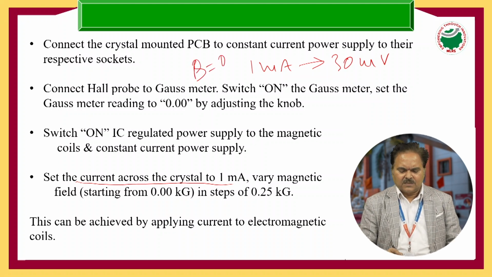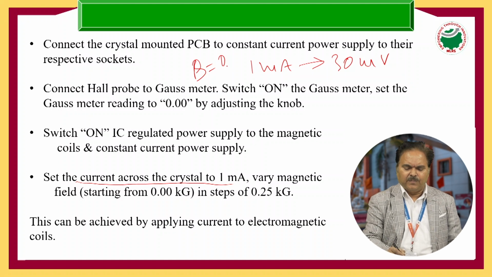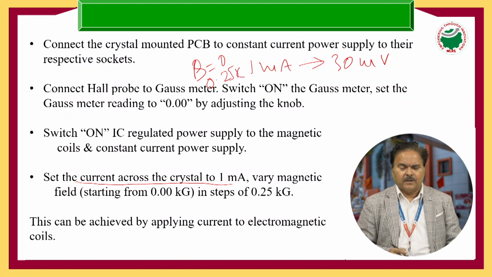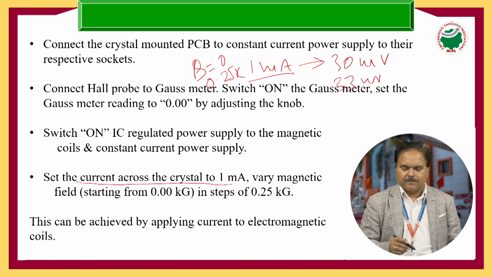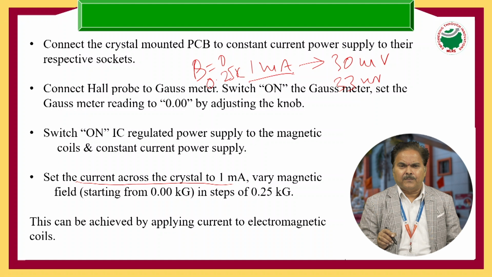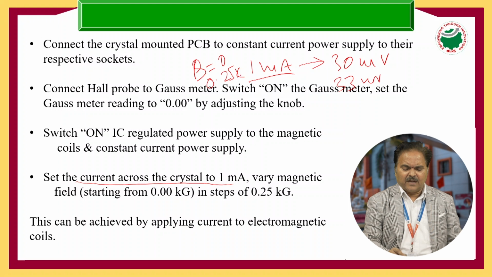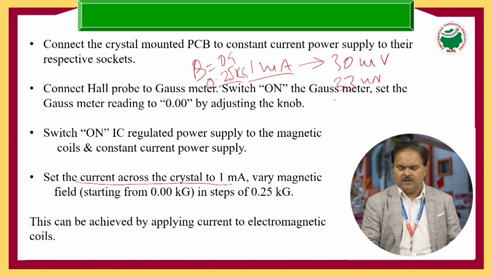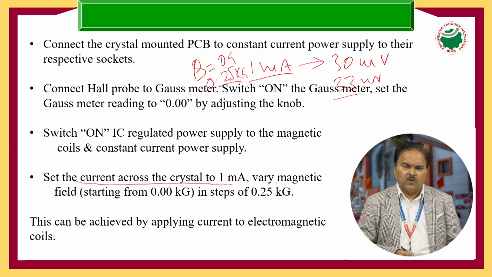Now if we change the magnetic field from B equal to 0 to 0.25 kilogauss, what will happen here? The voltage will increase, maybe from 30 to 33 millivolts, but the current through the sample will be the same. Only the magnetic field current is increased, so the magnetic field also increases, and we get more voltage.